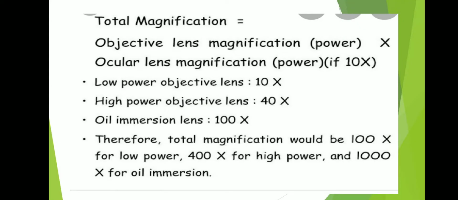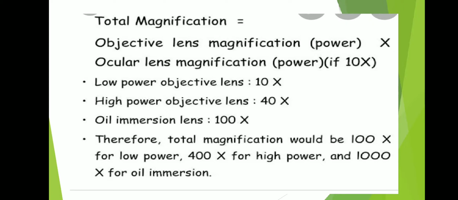Then we have to discuss the total magnification. The magnification of the microscope is equal to the magnification of the objective lens multiplied by the magnification of the eyepiece lens. Suppose the eyepiece is 10x and we are using the low power objective lens, then the total magnification is 100x.